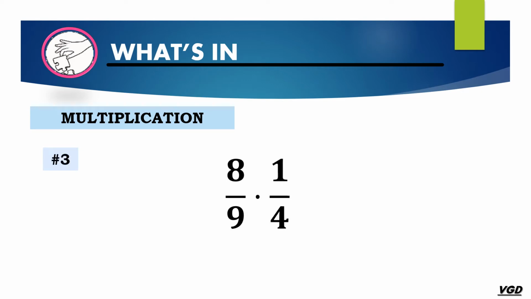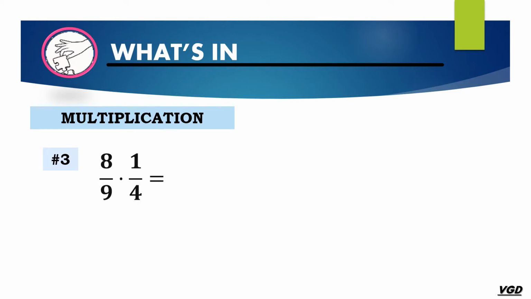Now let's have number 3: 8 over 9 times 1 over 4. Multiply. 8 times 1 is equal to 8, and 9 times 4 is equal to 36. 8 over 36 can still be expressed in simplest form by dividing by its greatest common factor, which is 4. 8 divided by 4 is equal to 2, and 36 divided by 4 is equal to 9.